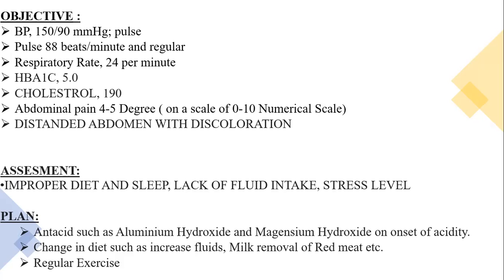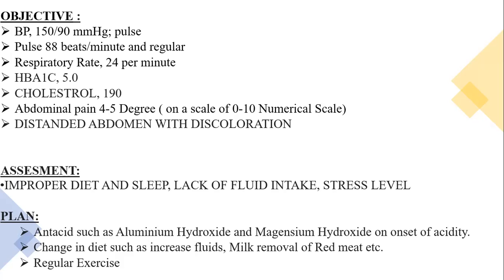We have two kinds of plans for him. One is pharmacological: we will prescribe the antacid, aluminum hydroxide and magnesium hydroxide, which is given on the onset of acidity, and when you feel this kind of acidity you can take it.